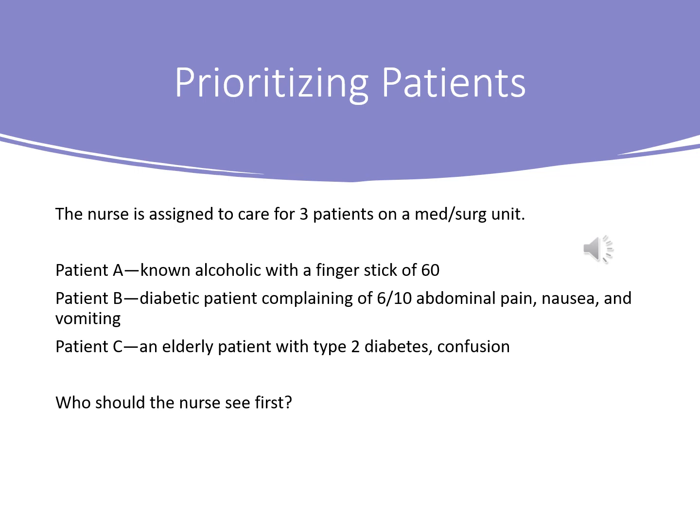So our priority is going to be, again, our mental status change, our person that is elderly with type 2 diabetes. I'm absolutely concerned about A. I want to see if we can address that blood glucose. Abdominal pain for B is pretty severe and concerning. We're going to see all of these patients, but let's look at C first.